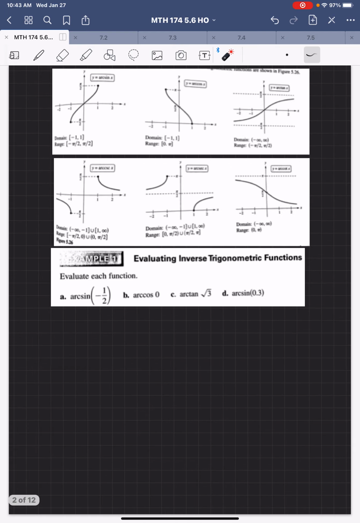So on the next page, what I've posted here are just the parent functions of these inverse trig functions.